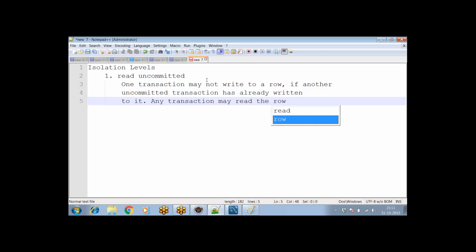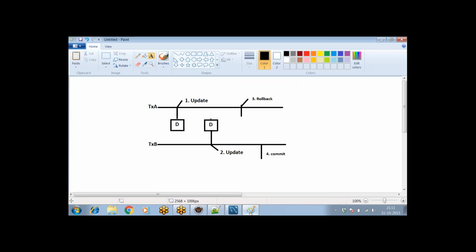So we can set this isolation level on a per-connection basis from Hibernate.